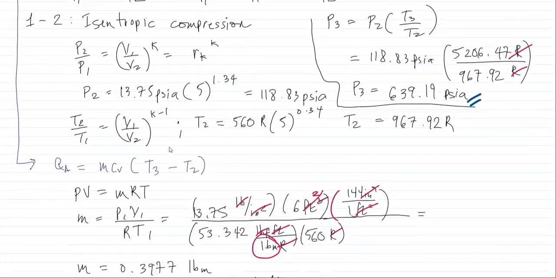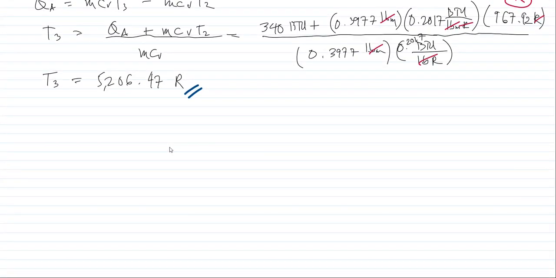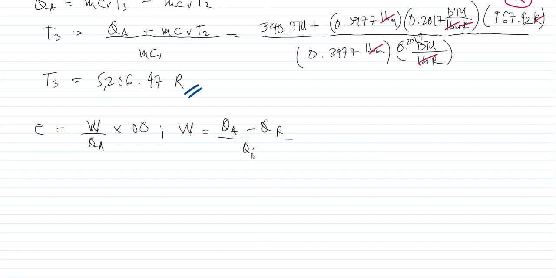So, as I've discussed, the efficiency of this cycle, or generally the efficiency of any cycle, is equal to your work over the heat added, then we multiply it by 100. Work is equal to QA, the heat added, minus QR, all over QA.